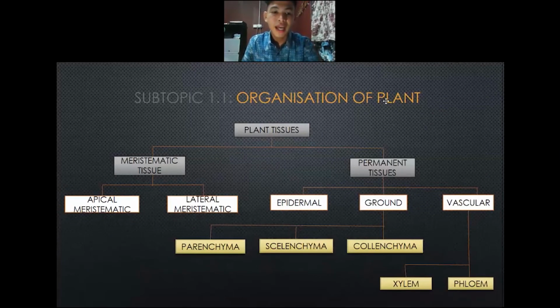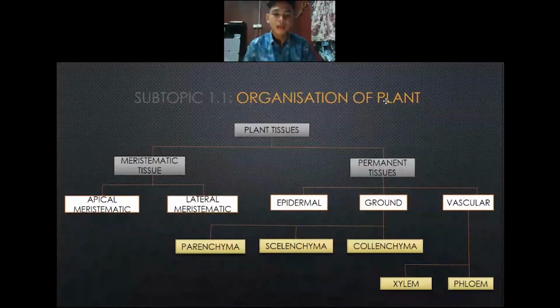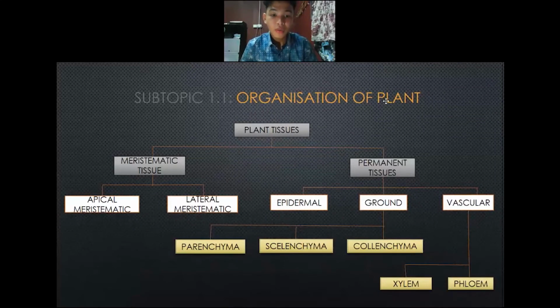First one, we got the epidermal tissue. Epidermal tissue layers the outermost surface of the stem and root of a young plant. Epidermal cell walls which are exposed to the air have a waterproof layer called cuticle.